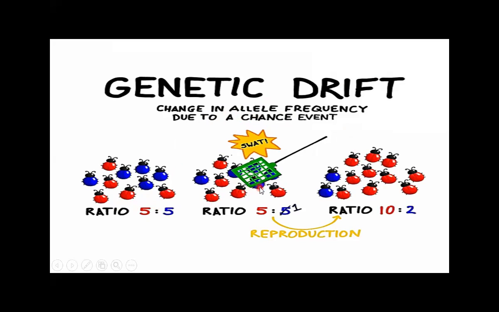And by chance, some of the petals have been killed accidentally, and the remaining red beetles will reproduce, and in the next generation the ratio will change, because the beetles which have survived will reproduce and carry their genes forward.